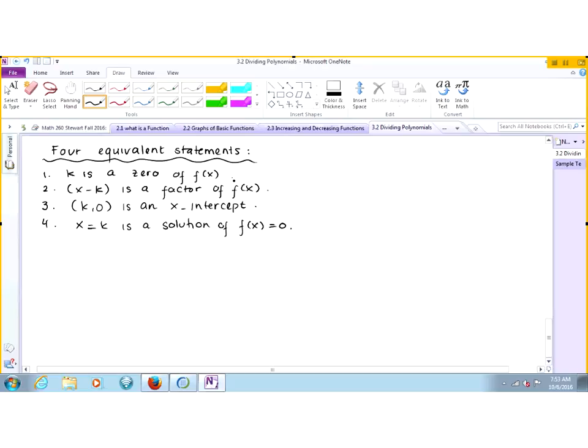Now, what we want to do next, so if you just remember this is good, is finding polynomials given the zeros. So C, finding a polynomial given specific zeros.